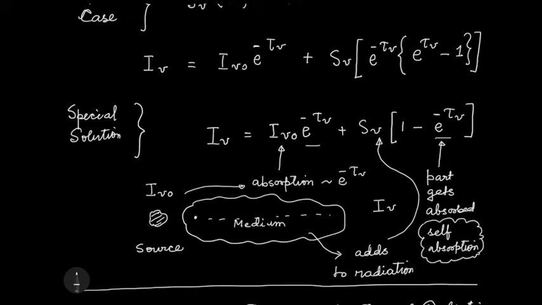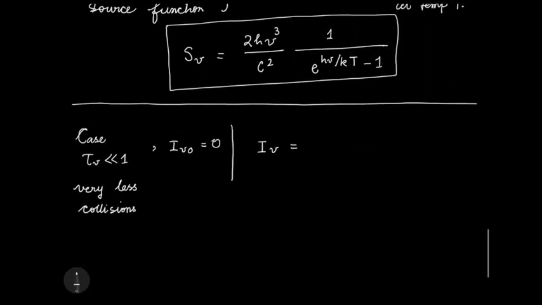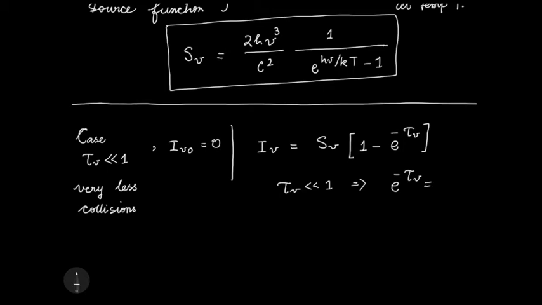Let's go back to the radiative transfer equation. I nu 0 is 0 means the first term does not exist, and the second term is S nu into 1 minus e to the minus tau nu. But tau nu much smaller than 1 means I can do a Taylor expansion on the exponential, and e to the minus tau nu is just 1 minus tau nu.